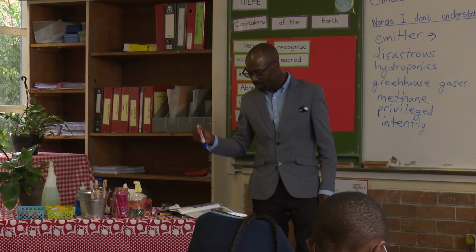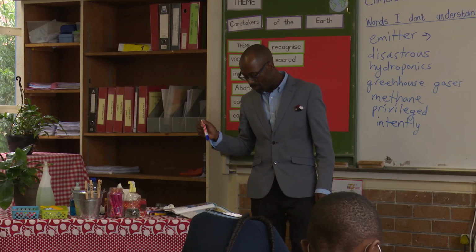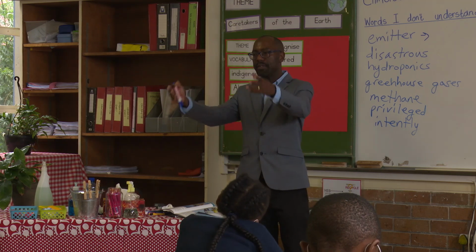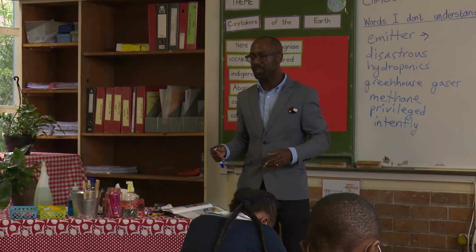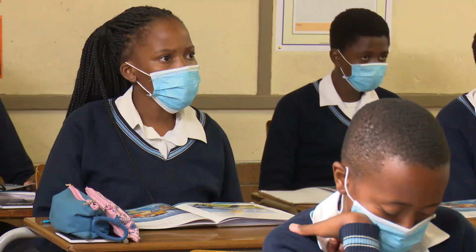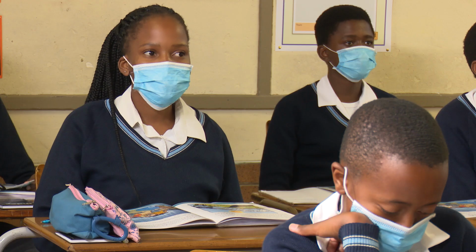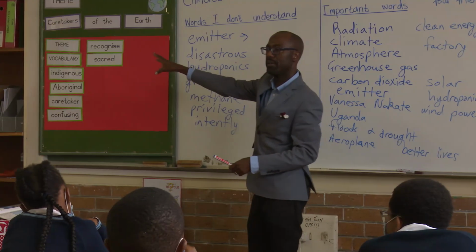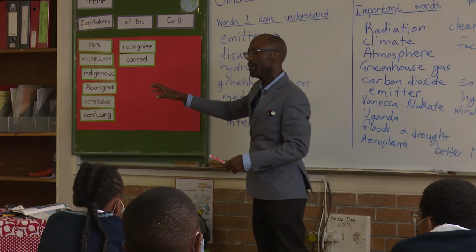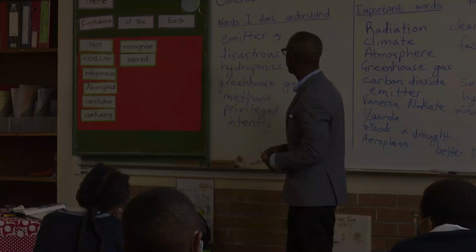The problem is that we are emitting too many greenhouse gases. So we're releasing them into the air. That's what it's saying there. So to emit is to release something, a gas particularly, into the air. So that's what the word means.